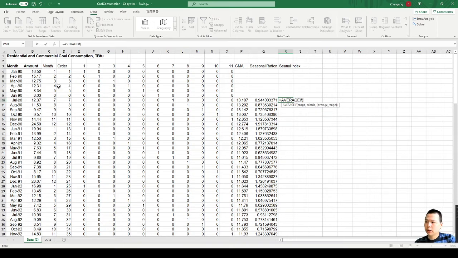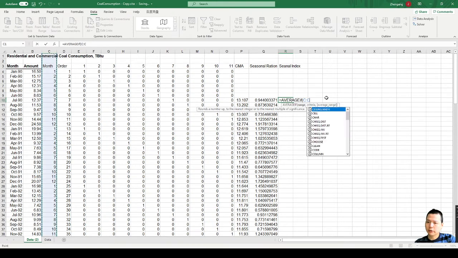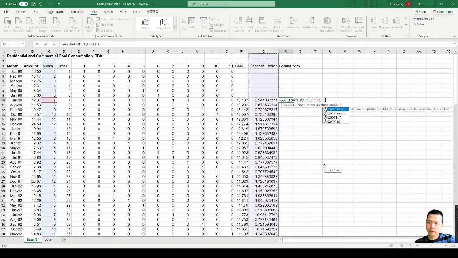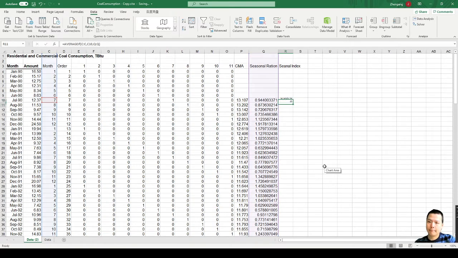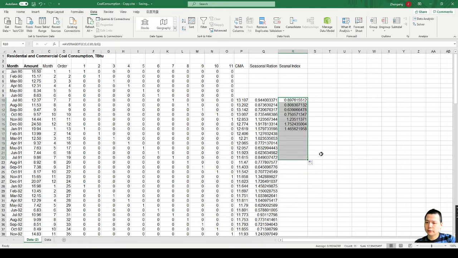The range would be the month, and the criteria would be the month number for this row, and the average range is column Q. We only need 12 entries.